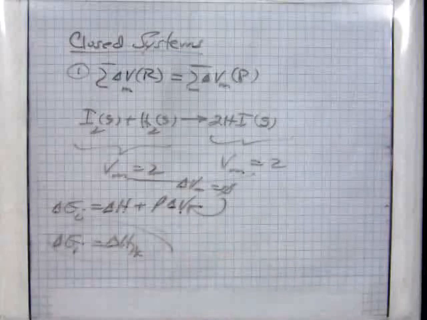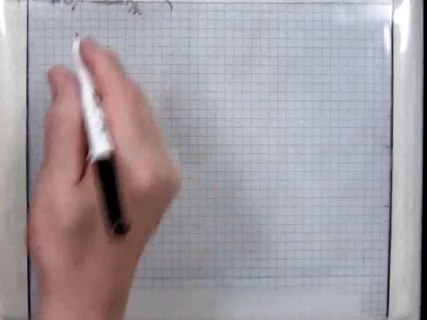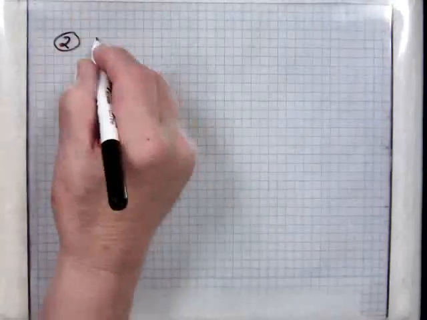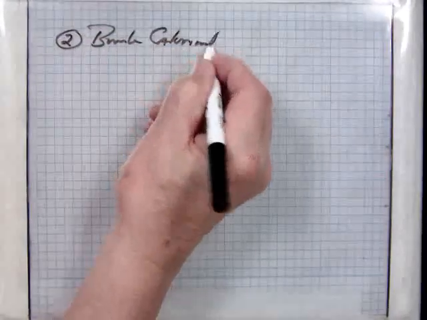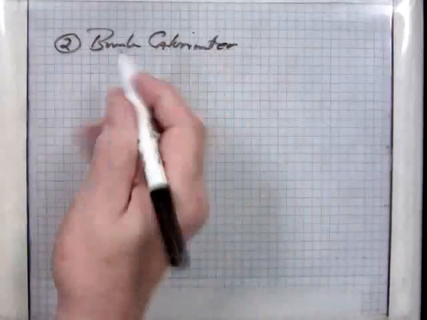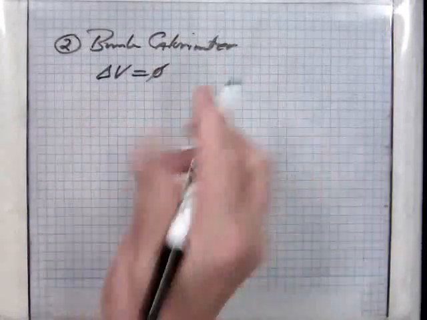The second closed system is your bomb calorimeter. I've already shown you that delta V equals 0 for that bomb calorimeter.